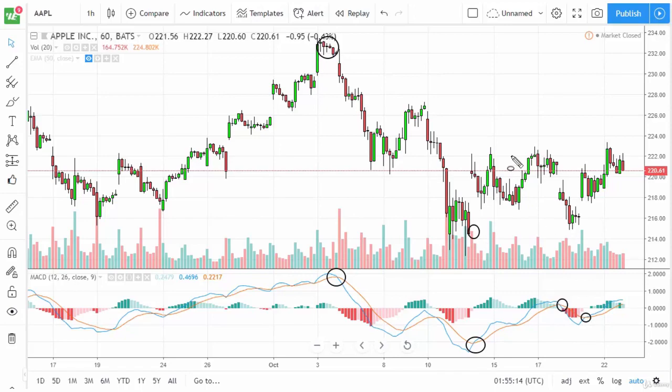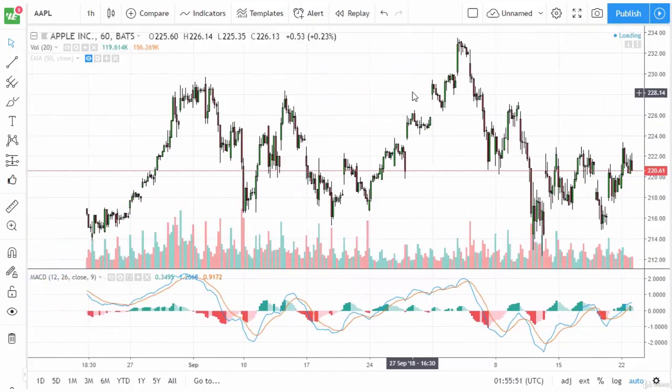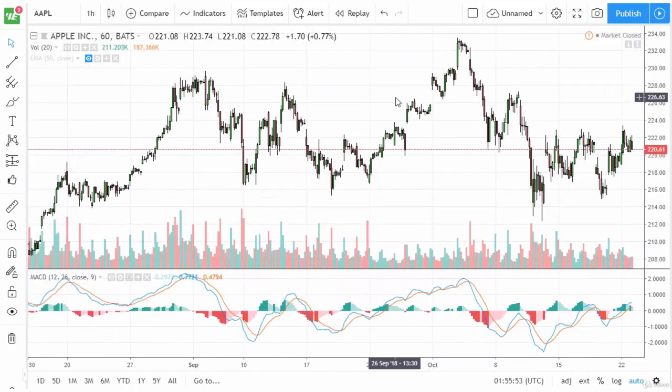Now, the thing is if you're going to use the moving average crossover in the MACD, I would suggest that perhaps it's better off once we get to pretty oversold or overbought conditions.